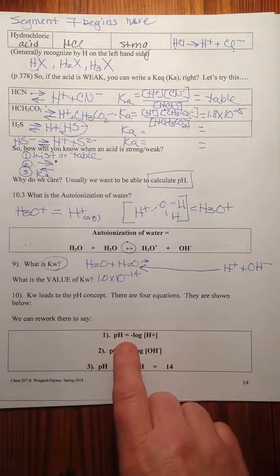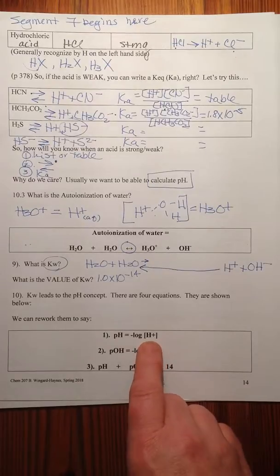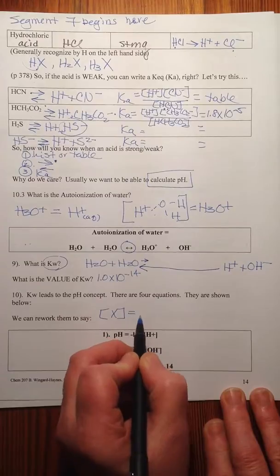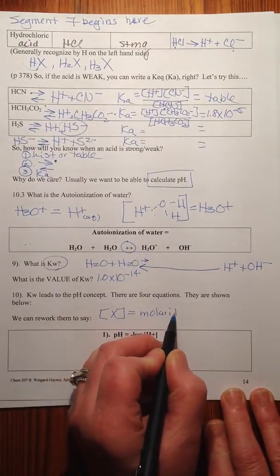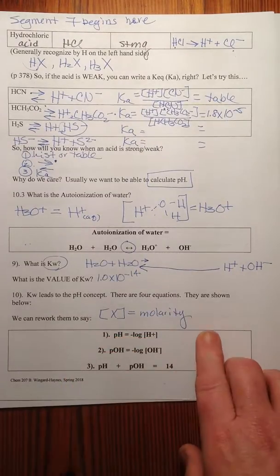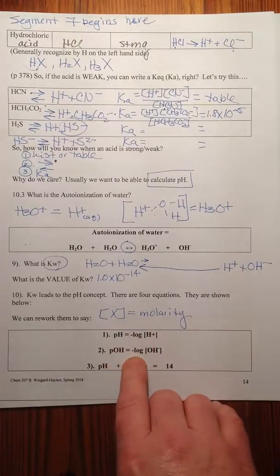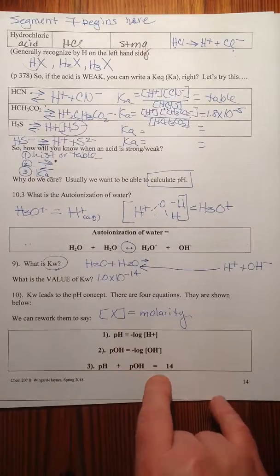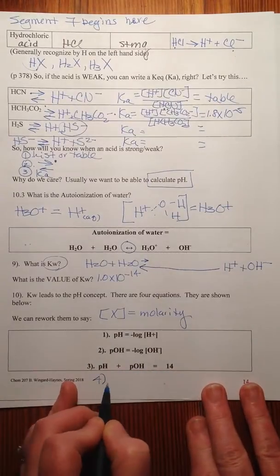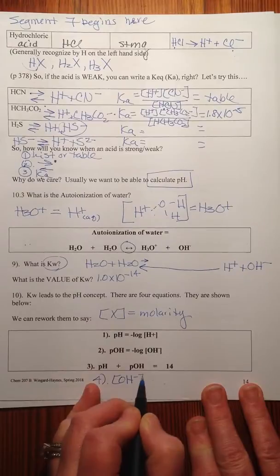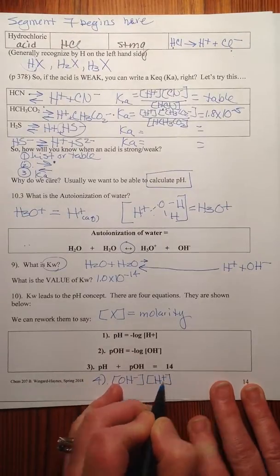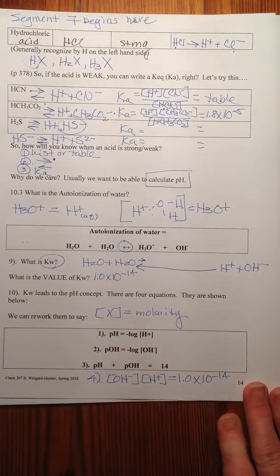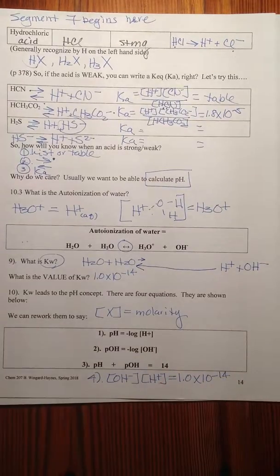One is that pH is equal to the negative log of H plus ion concentration. So you remember that the square brackets mean molarity or molar concentration. pOH is equal to the negative log of the hydroxide. pH plus pOH equals 14, and the fourth one, which is on the next page, is that hydroxide and H plus multiplied together has to equal 1.0 times 10 to the minus 14.